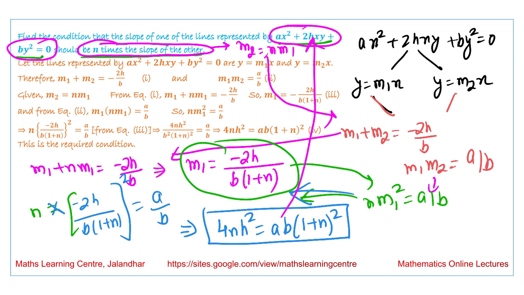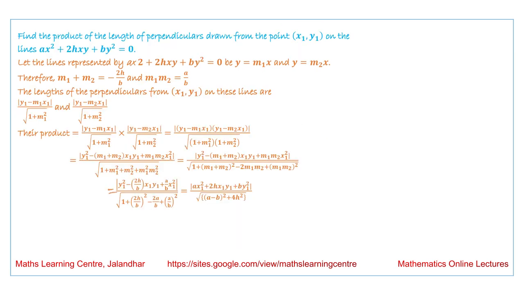Next is: find the product of the length of the perpendiculars drawn from the point x1 y1 on the lines given by this combined equation. So again we are talking about ax square plus 2hxy plus by square is equal to 0, and suppose it is representing the combined equation of two lines given by y is equal to m1x and y is equal to m2x.